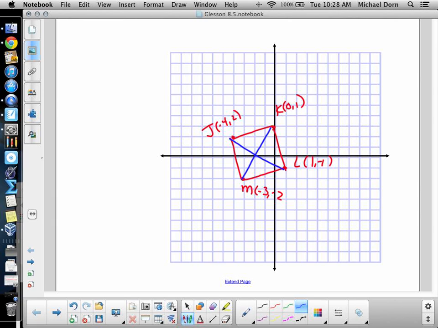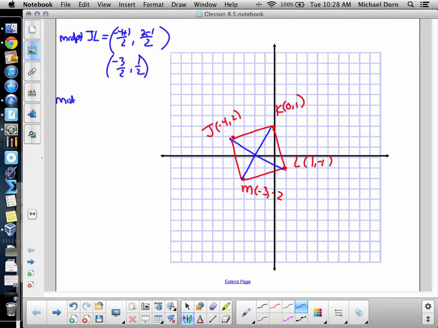So find the midpoint of JL. That'd be negative 4 plus 1 over 2, and 2 plus negative 1, or 2 minus 1 over 2. So that would be negative 3 halves, 1 half.